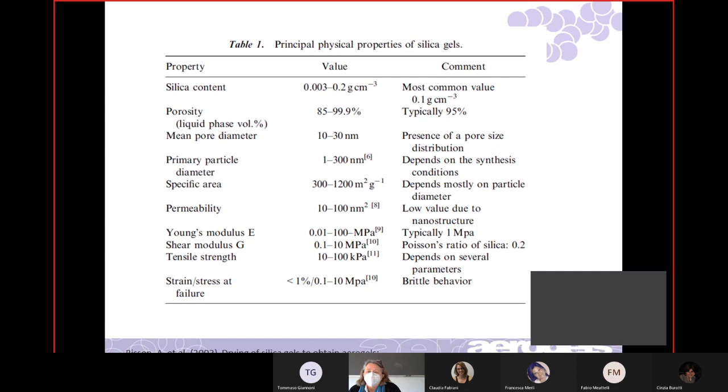Specific area or surface area is very high, and that is one of the very attractive things about aerogels. Young's modulus has to do with their strength, and that's typically megapascals. It has to do with how they deform, for those of you who aren't engineers. Shear modulus has to do with their strength also. That's hard to quantify, and it really depends on a lot of things, so there's a big range here.